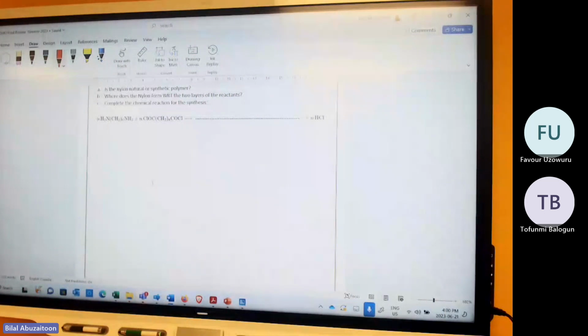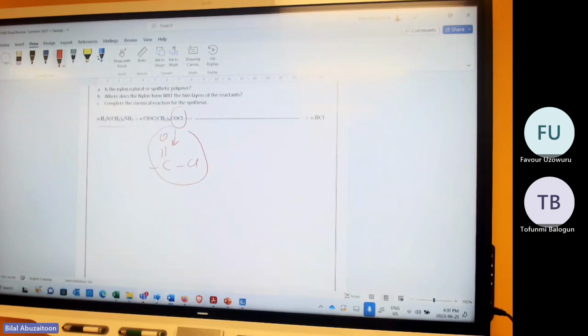So in this reaction, the Cl is actually part of C double bond O Cl. This part here is C double bond OCl.